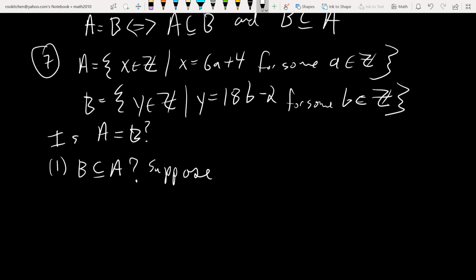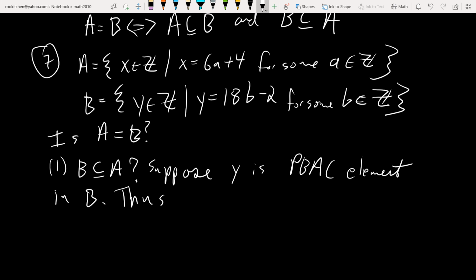So suppose y is a particular but arbitrarily chosen element in the set B. Thus, by definition of B, there exists an integer, little b, such that y is equal to 18b minus 2.